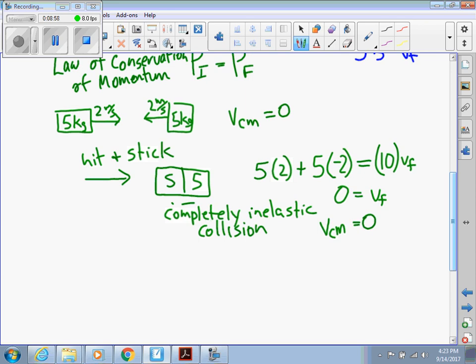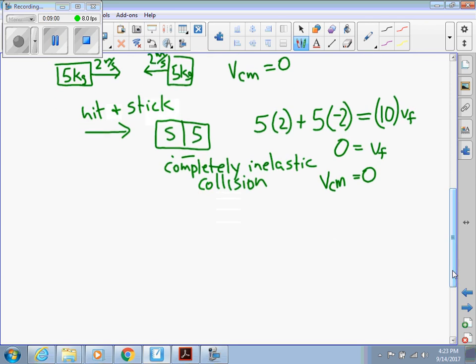Okay, but we could have another situation. We could have the situation where they hit, and instead of sticking together, we have 5 kilogram mass moving this way at 1 meter per second. And we have the other 5 kilogram mass, and we don't know how it's moving.